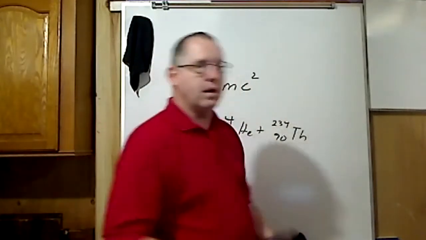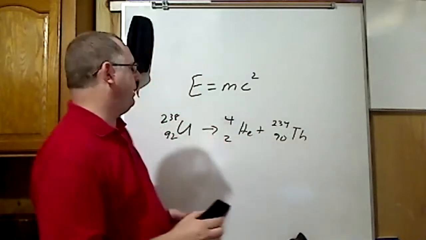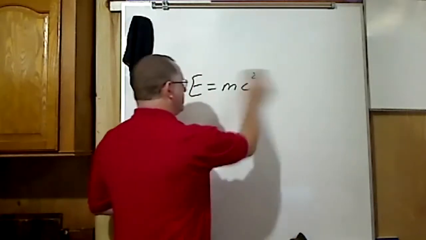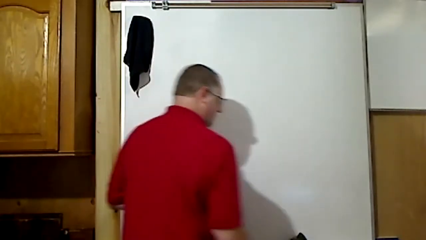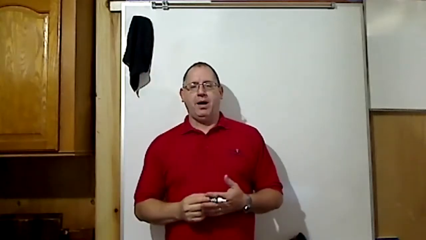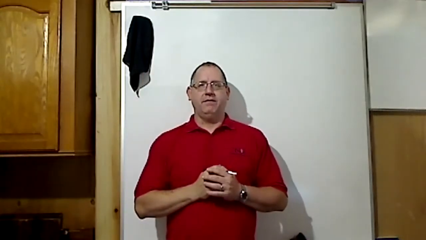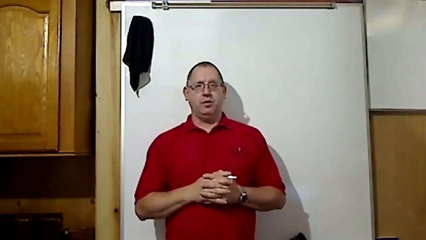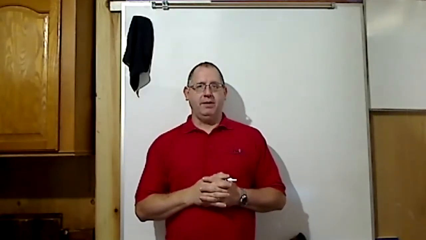Okay. We'll talk a little bit more about alpha, beta, and gamma particles here, because I think it's important for us to understand something. Now, we hear about radiation and we hear about how deadly radioactive substances can be. And this is true. Radiation can do a lot of damage.